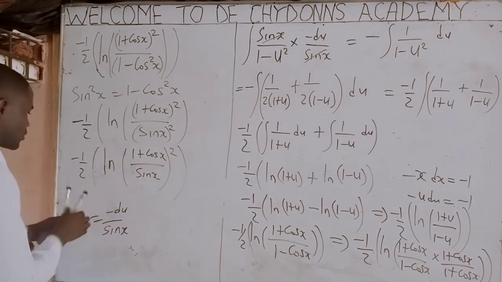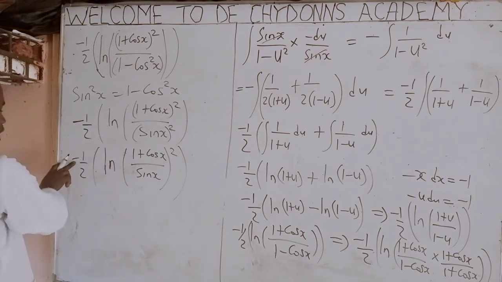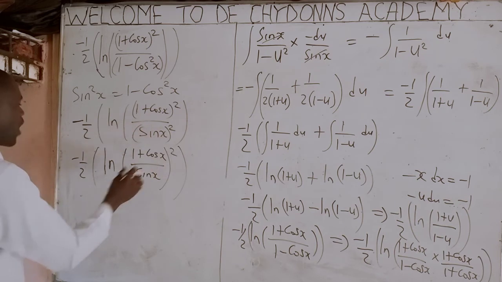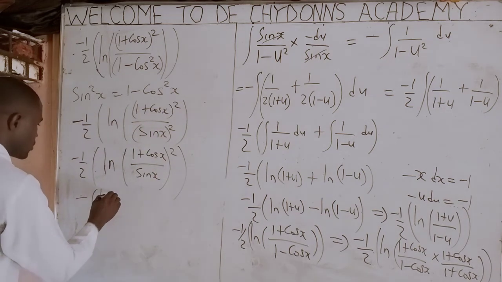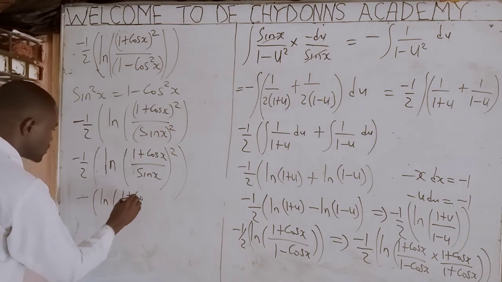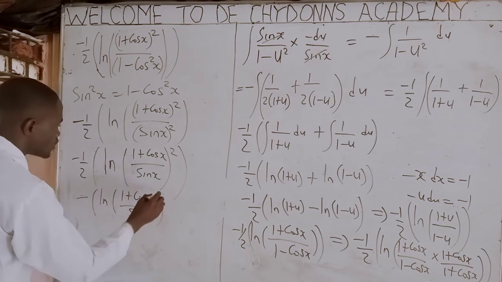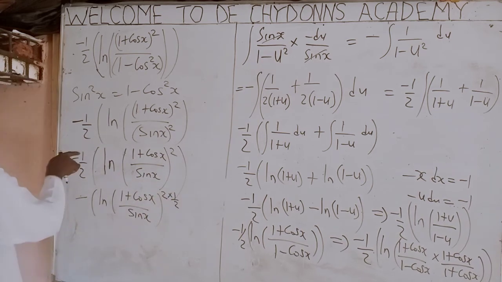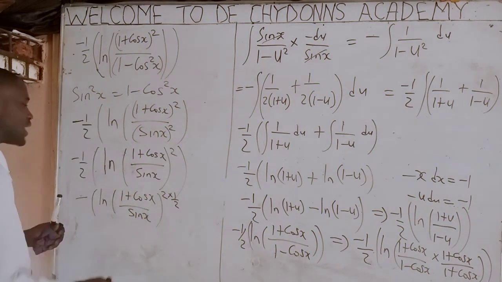Finally, I will leave this minus and carry 1 over 2 to the power, so I say minus bracket ln 1 plus cos x all over sin x all raised to the power of 2 times 1 over 2, because the power of 1 over 2 has gone to the power, as the law of logarithm tells us.